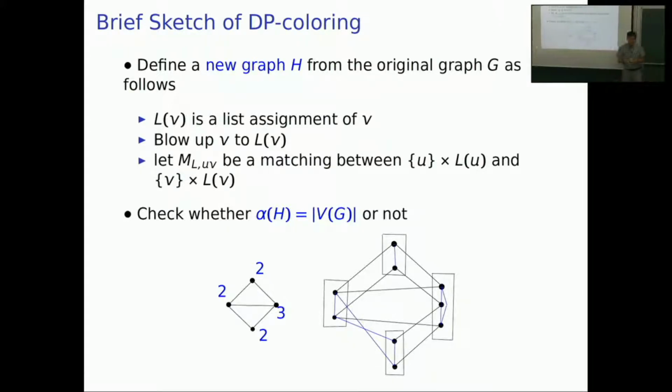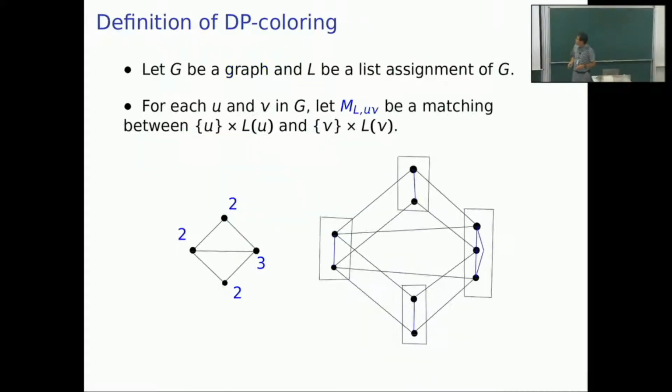So we have to assume all kinds of matchings. And for technical reasons, we call the matching between two sets by this capital M.